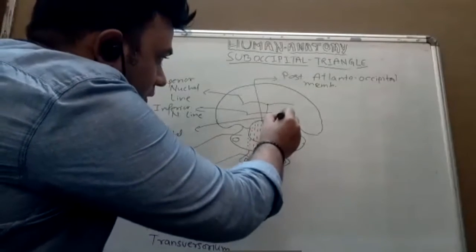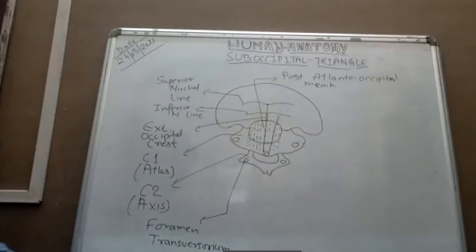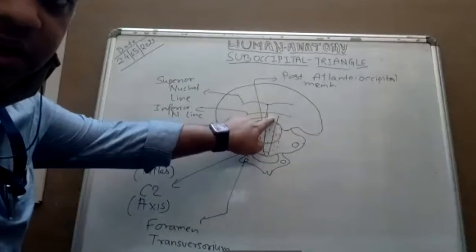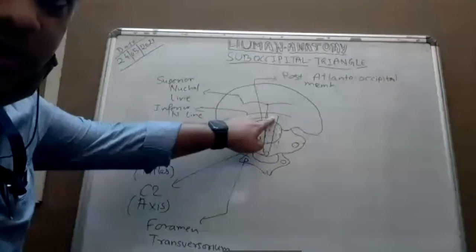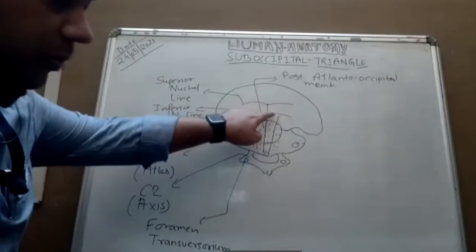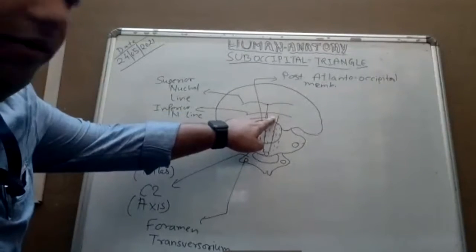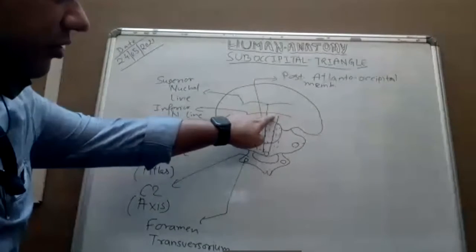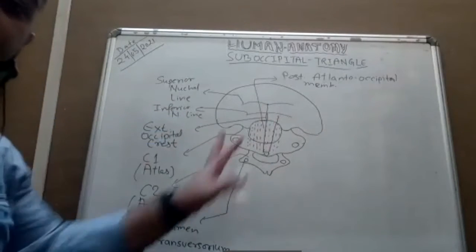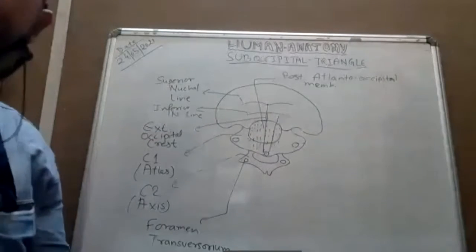like this to insert over the, कहाँ पे insert हो रहा है बताओ? What is that region? Can anybody write? Which part of this occipital bone? This is lower and medial quadrant of this area. So this is the insertion of this particular muscle, and this muscle is known as the rectus capitis posterior minor.